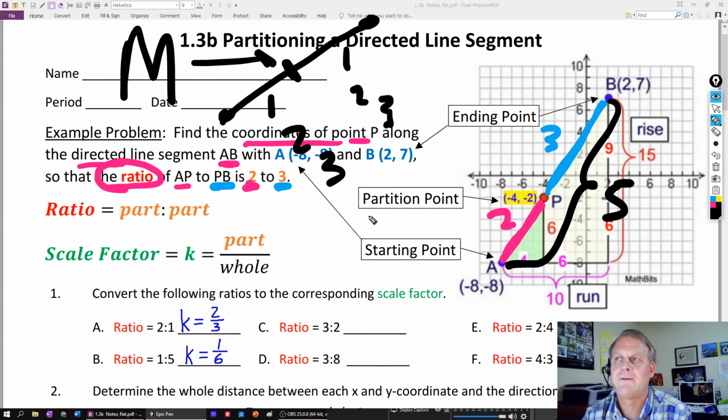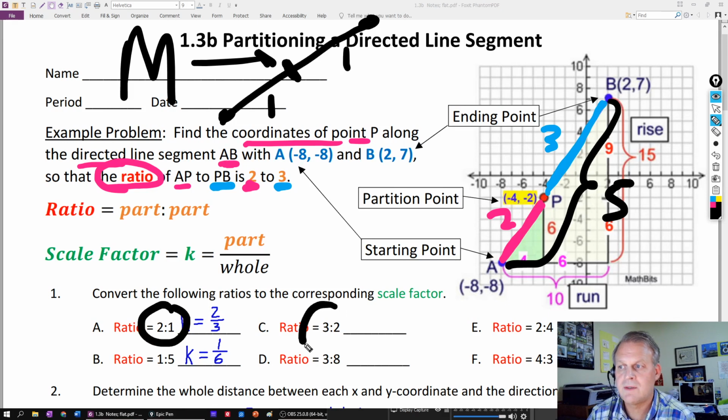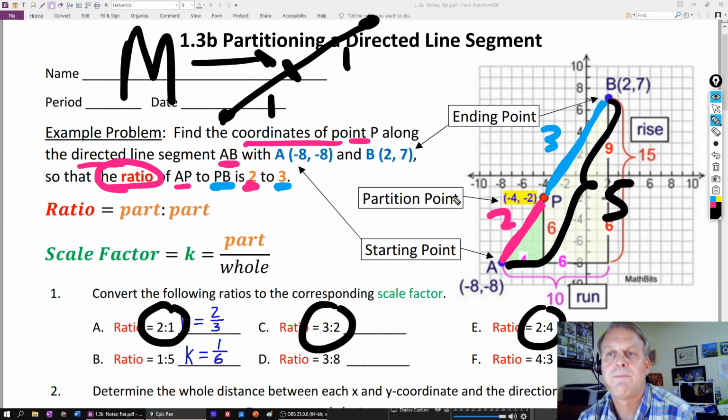Or you could say you travel 1 part out of a total of 2 parts, so you're only going half of the distance. With a partition, it's different. It's not a 1-to-1 ratio. Instead, it's some kind of ratio like 2 to 3, or 2 to 1, 3 to 2, 2 to 4, all kinds of different ratios.